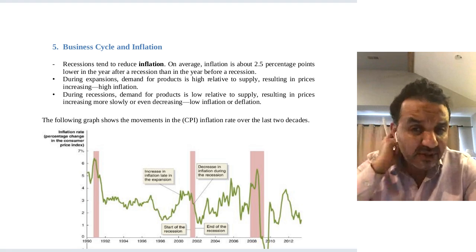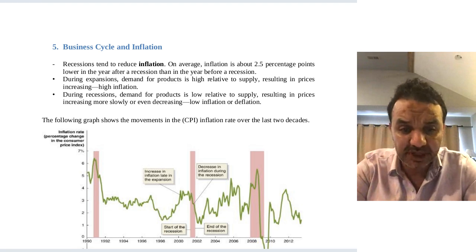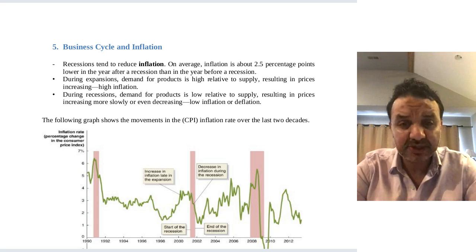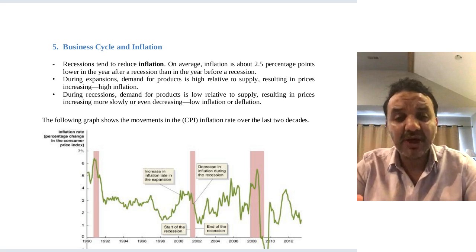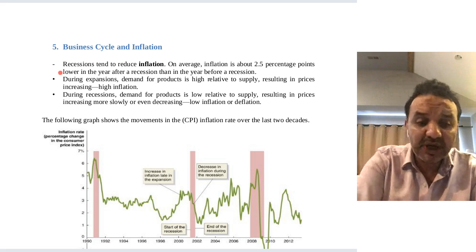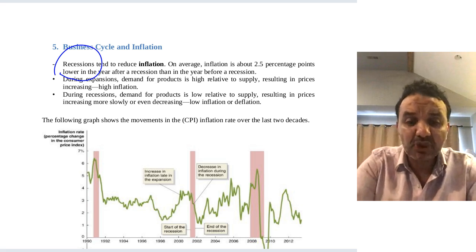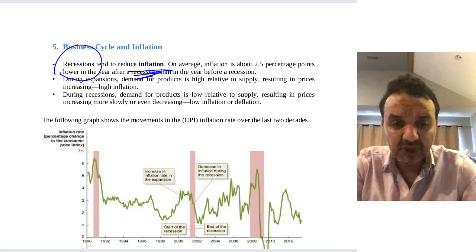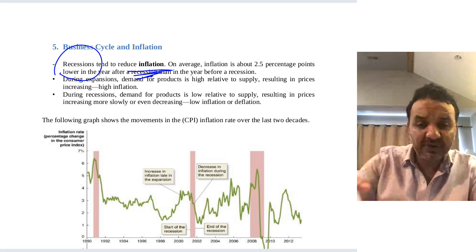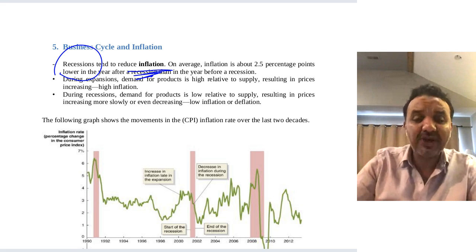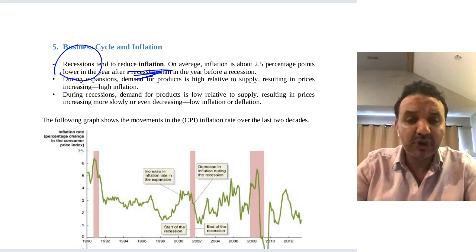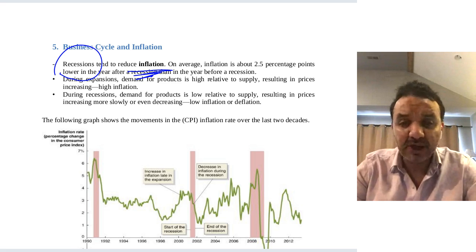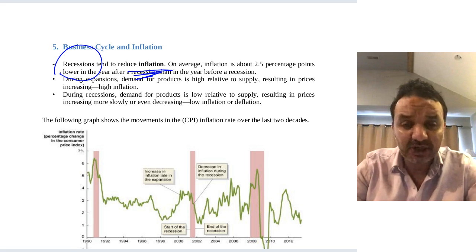Now, what is the relation between inflation and business cycles? In the previous video I explained the business cycle, where we have recessions and expansions. During recessions, inflation tends to be lower. Why is this the case? Whenever there's a recession in the market, many people lose their jobs, so you have less source of income.